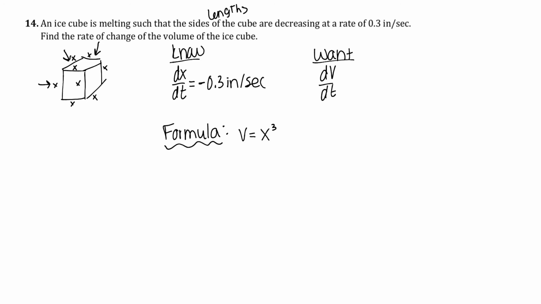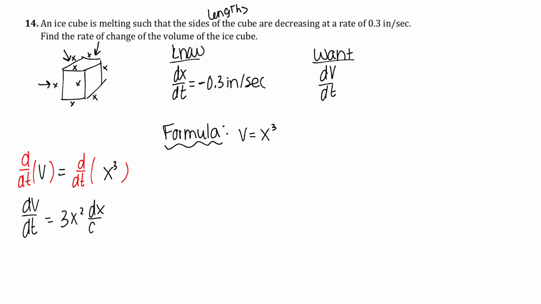In this case, x times x times x. So it's x cubed. We want to differentiate both sides with respect to t. So we get dV/dt equals 3x squared, and then dx/dt, because we have to do chain rule there.